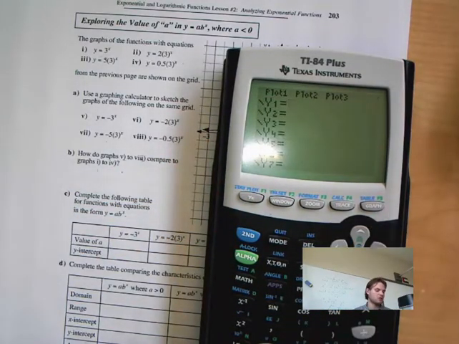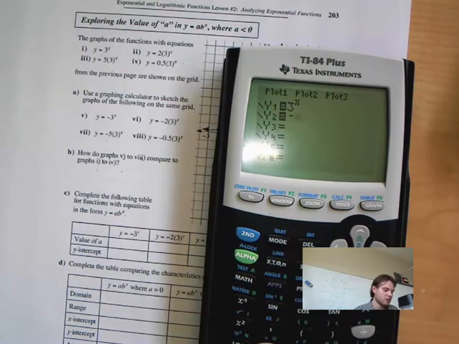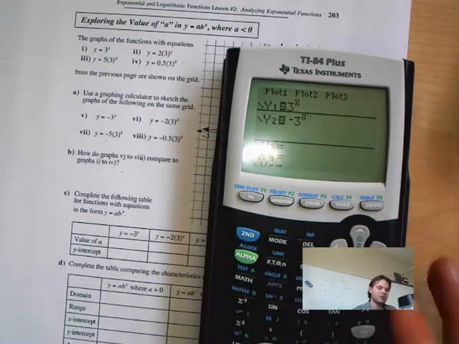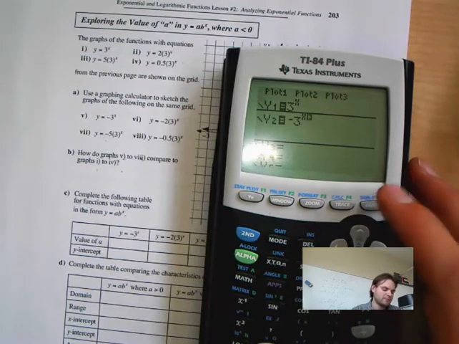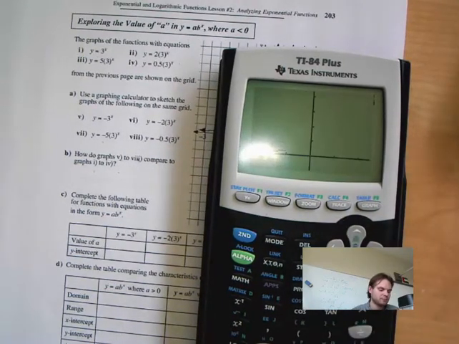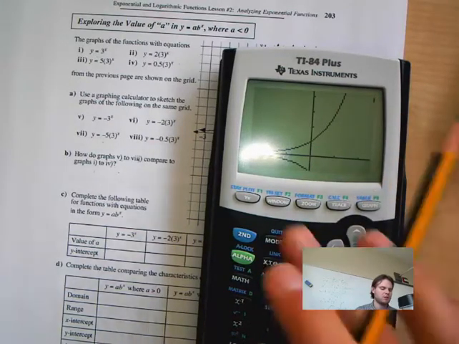Okay, so let's try this. Let's see 3 to the power of x. And we're also going to go negative 3 to the power of x. That's really like saying A is negative 1, because it's negative 1 multiplied by 3 to the x. So I'm going to graph this and see what we get. This one graph is going up, and the next one is down.